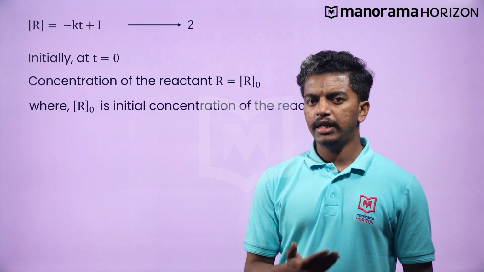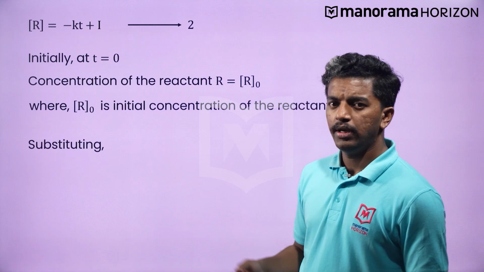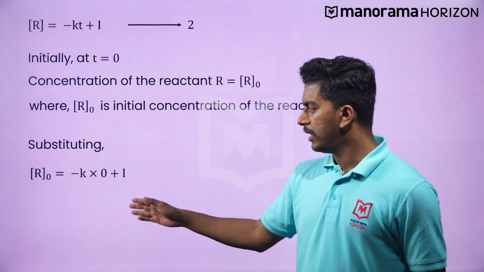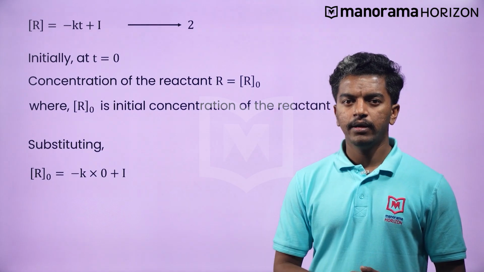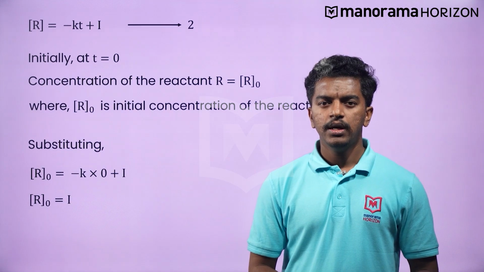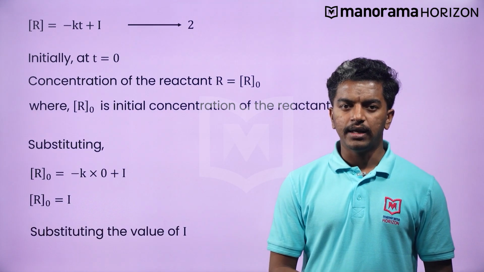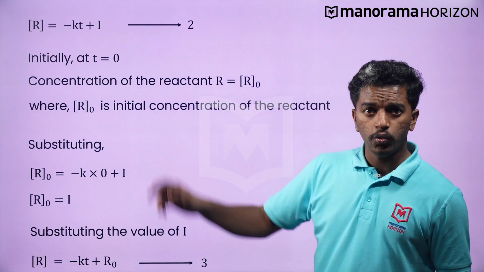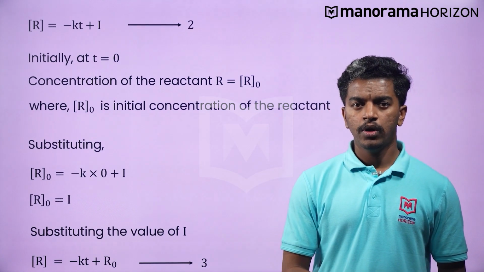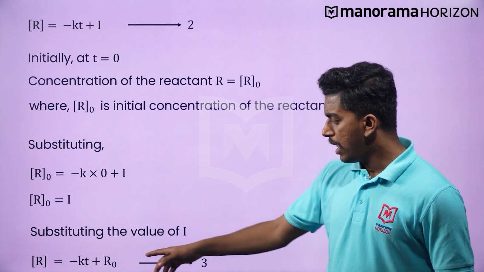Substitute this in equation number 2, that is R0 = -K × 0 + I. Now you will get the value of I as R0. Substituting this value of I in equation number 2, you will get equation number 3, that is R = -Kt + R0.